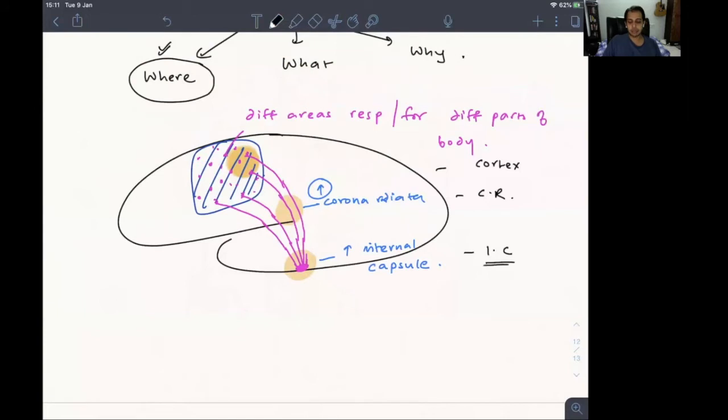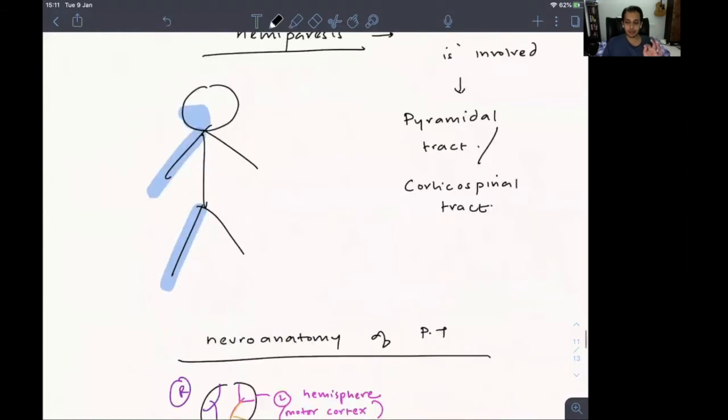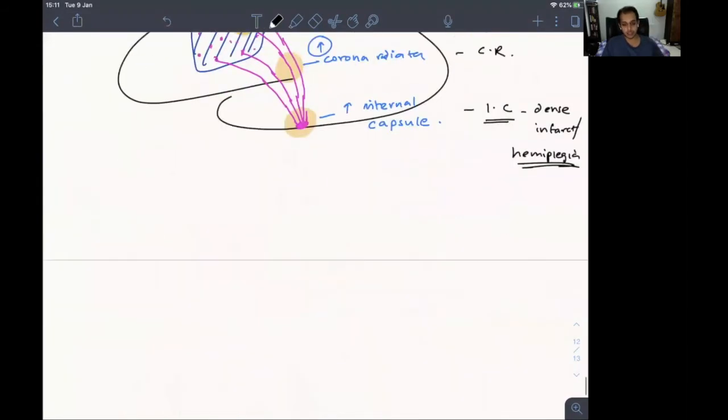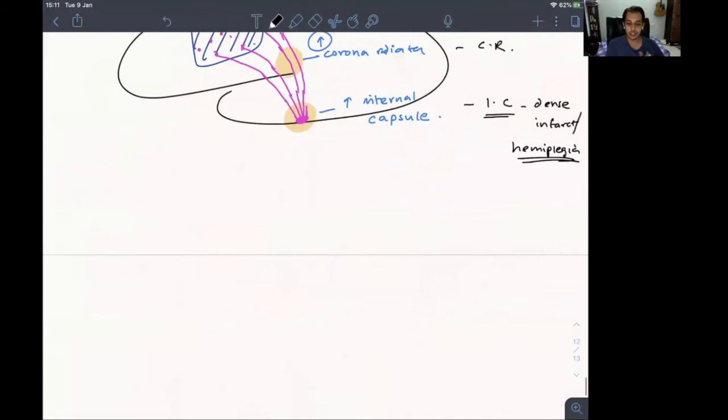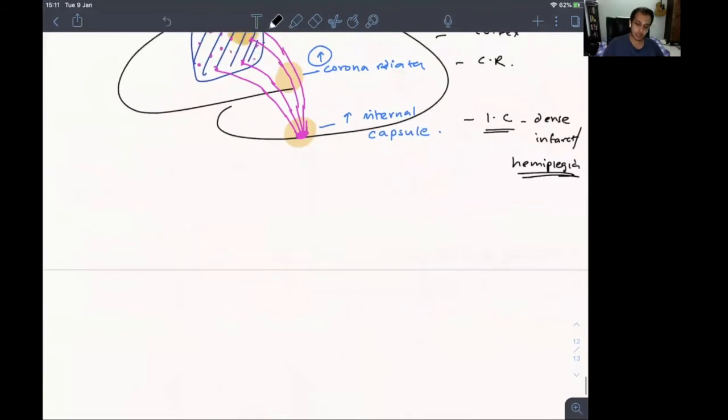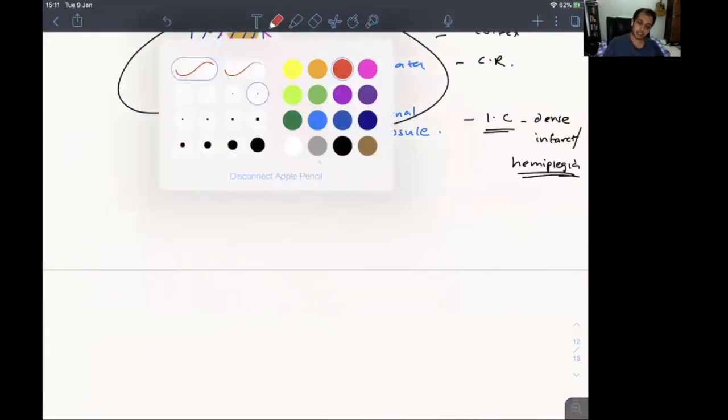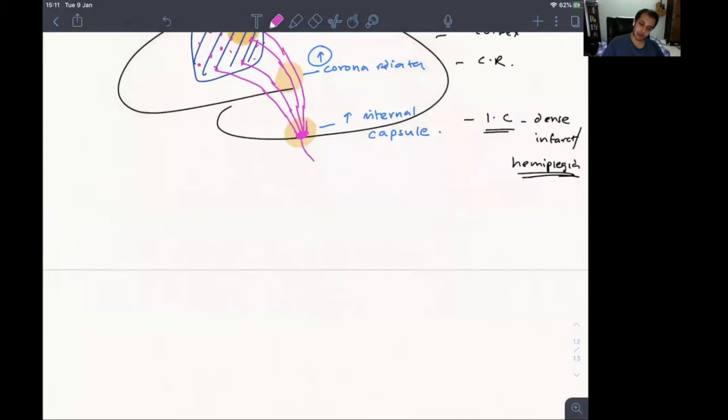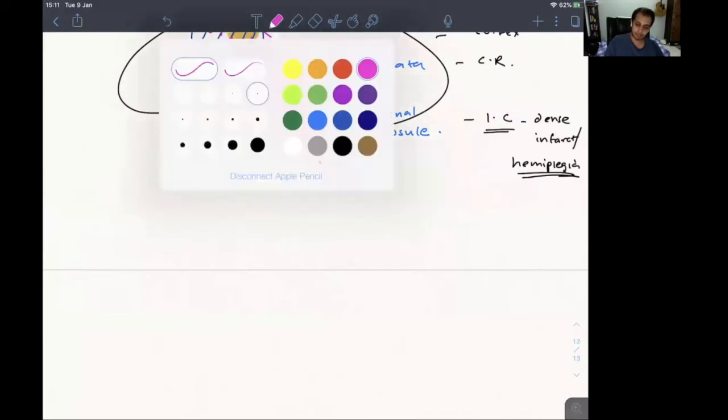The internal capsule will lead to what is known as a dense infarct or a dense hemiplegia, because a small infarct will lead to a large stroke, a large defect. Then what will happen? After this, the fibers have now entered into the brainstem.